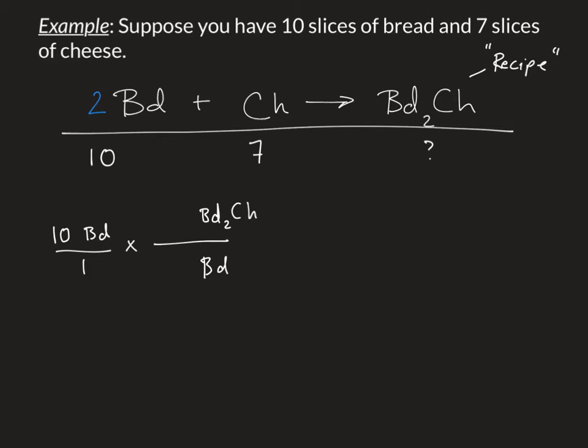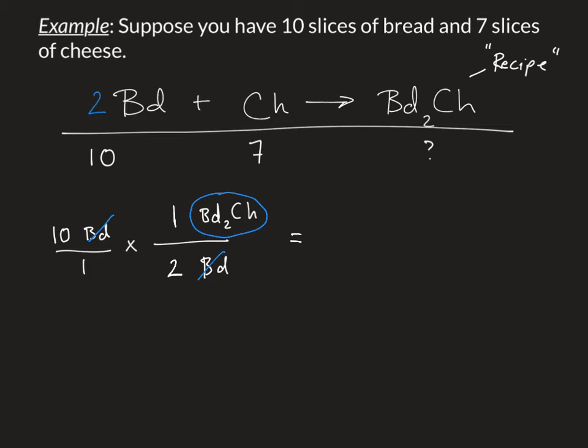Okay, so let's fill these numbers in. According to the chemical equation, for every 2 slices of bread we have, we make 1 sandwich. So we're going to put that here. Now, bread cancels, leaving us just with sandwich.